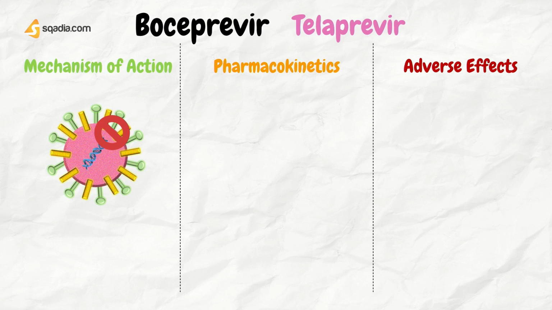So it's going to inhibit the serine protease enzyme that is named NS3/4A serine protease, which is further going to stop viral replication in host cells. So both drugs are potent inhibitors of viral replication, and both of them can be used in combination with PEG interferon alpha and ribavirin.